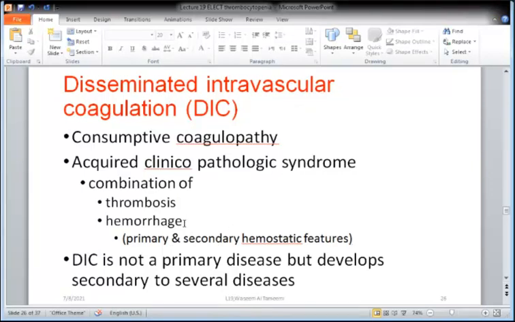I put thrombosis before hemorrhage because, according to the sequence we will discuss shortly, it starts with thrombosis, then consumption of the platelet, consumption of the coagulation factor, so I get bleeding. So DIC is not a primary disease, it is a clinical pathological syndrome secondary to several diseases, as we will see shortly.